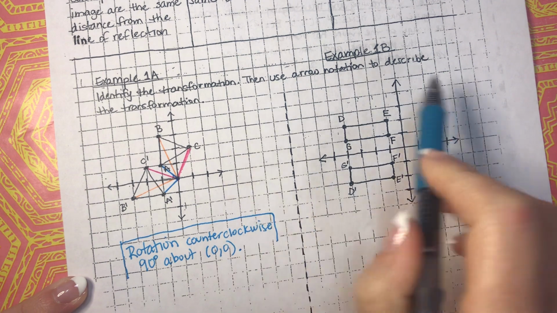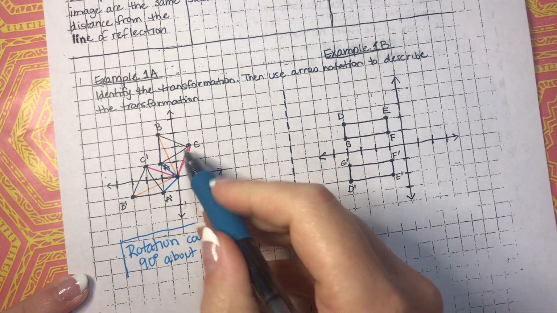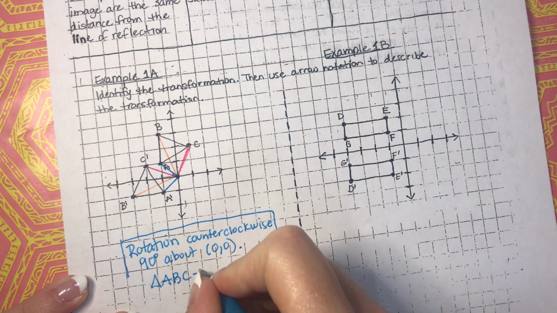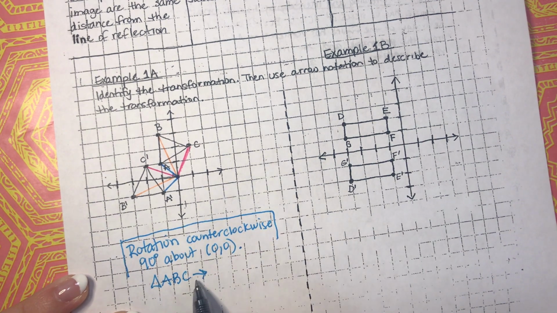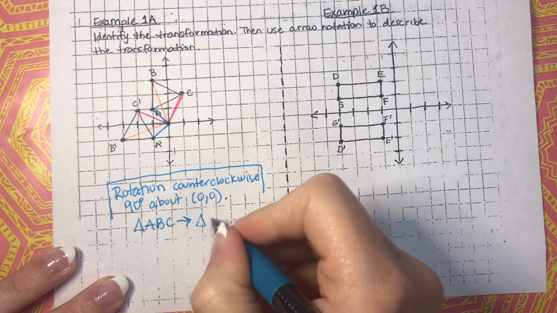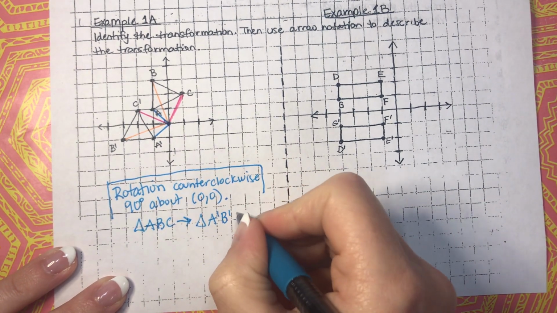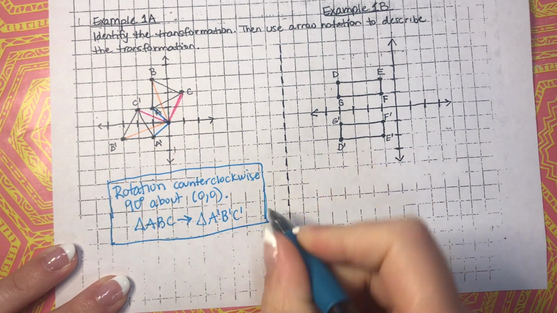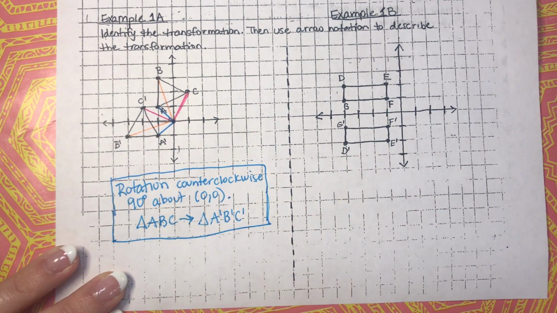And then we have to use arrow notation. So we're going to say we start at triangle ABC, and then it rotates, that transformation, right, to triangle A prime, B prime, C prime. There we have the description of the transformation and then the arrow notation.